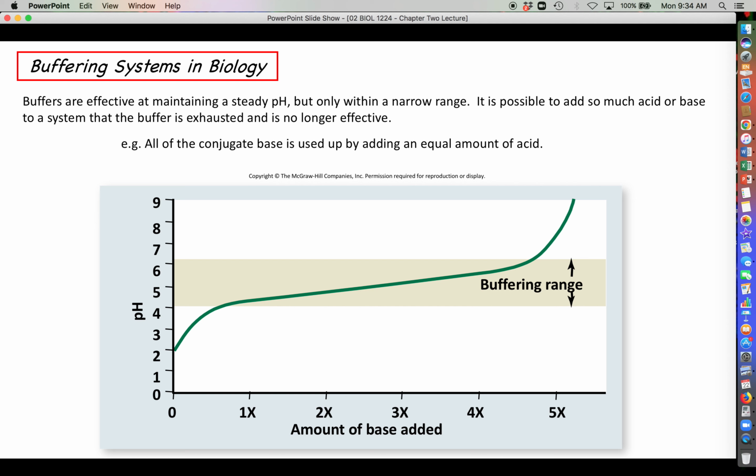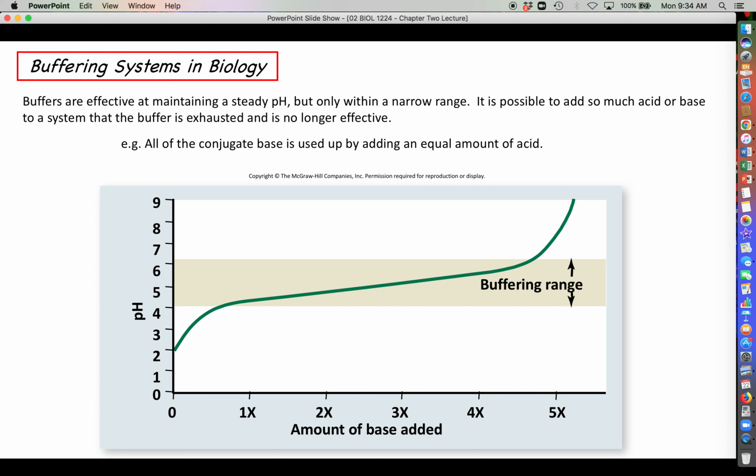So usually what you're going to see is that a buffer system is a little bit limited. It doesn't have unlimited powers. Buffers are usually effective at maintaining a steady pH, but only within a very narrow range. So in this particular case, you can see this buffering range here is indicated as ranging from about 4 to a little bit greater than 6. So if the pH of this fluid is at 5, then we can absorb a certain amount of hydroxide ions up until a point, and we can absorb a certain amount of hydrogen ions up until a point.